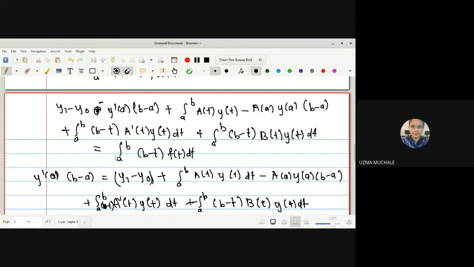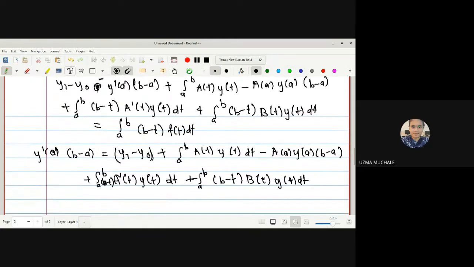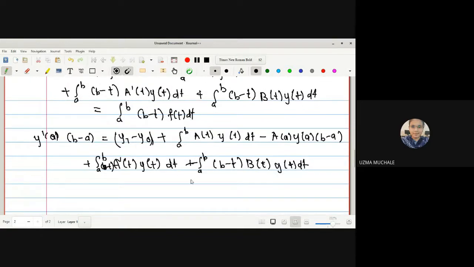Now this term we can keep here and now we can write this as minus of integration a to b minus t f of t dt.